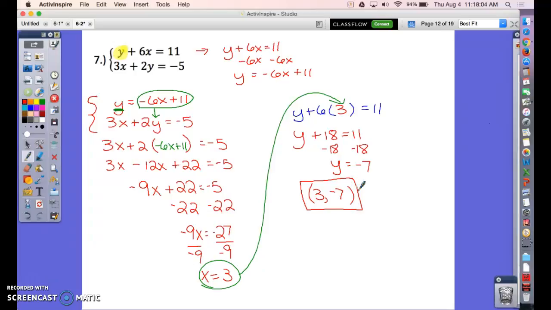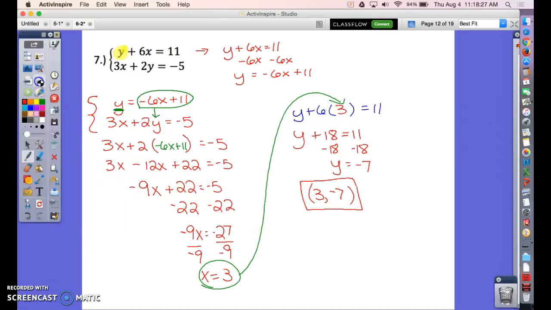Plug those values back into your original equation and make sure that they work in both. If it does work in both parts of your system, then it is the solution. So try 6 and 8, pause the video, and then press play to see the answers. If you need to make corrections, use my work to correct it.